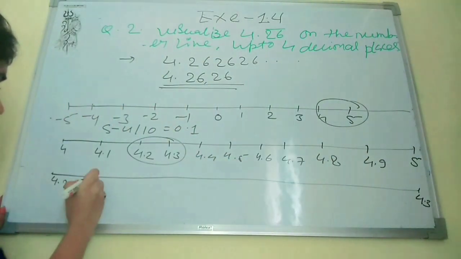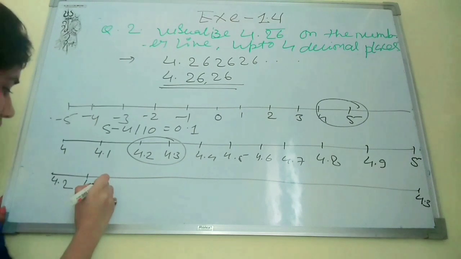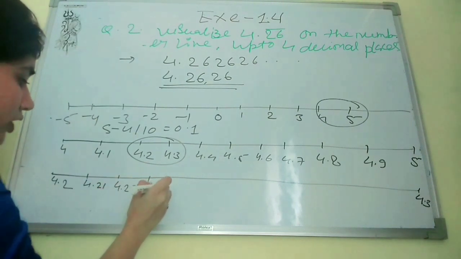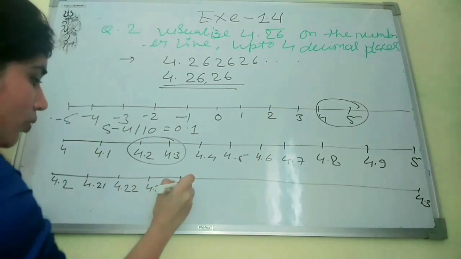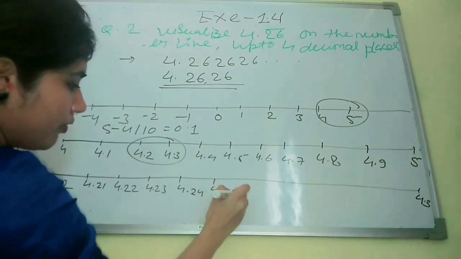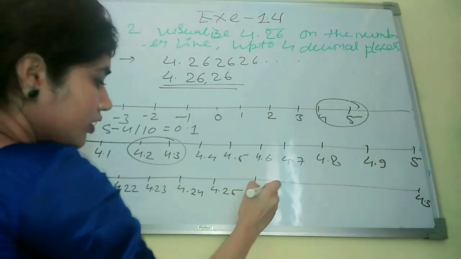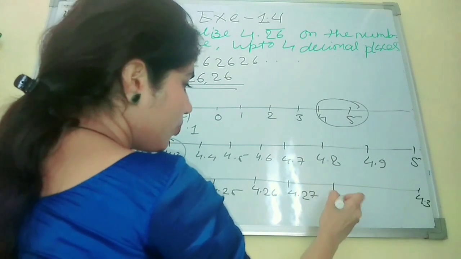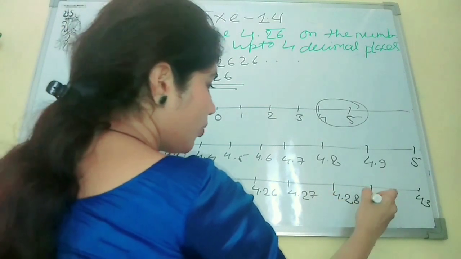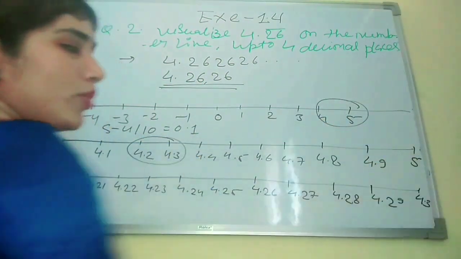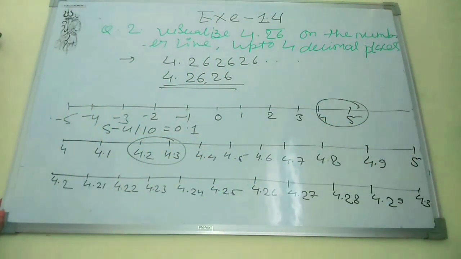So first will be 4.21, 4.22, 4.23, 4.24, 4.25, 4.26, 4.27, 4.28, 4.29, and the next will be 4.3 automatically.